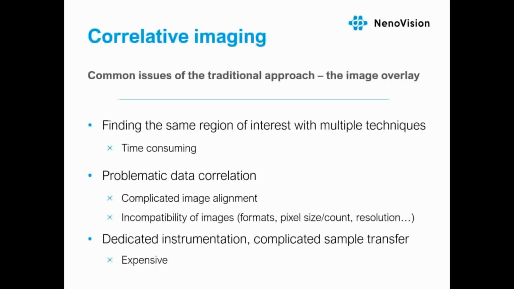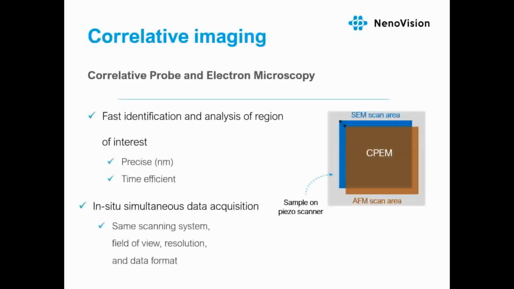To tackle the above-mentioned issues, it would require high initial investments into sophisticated, dedicated instruments and sample transfers. Other problems with image correlation can be caused by data incompatibility between used devices, such as different data formats, different pixel count or pixel size, etc.